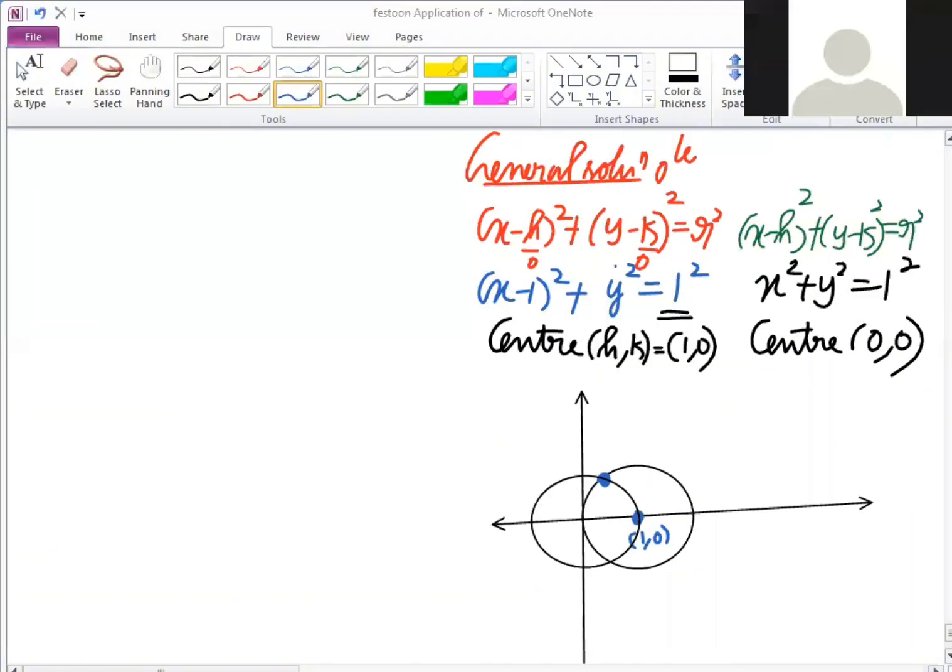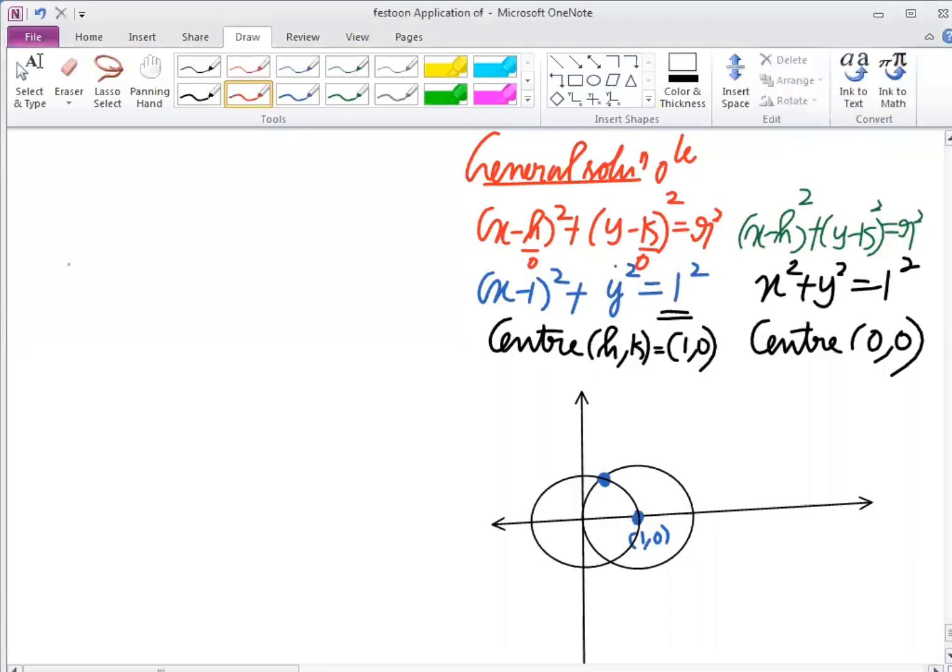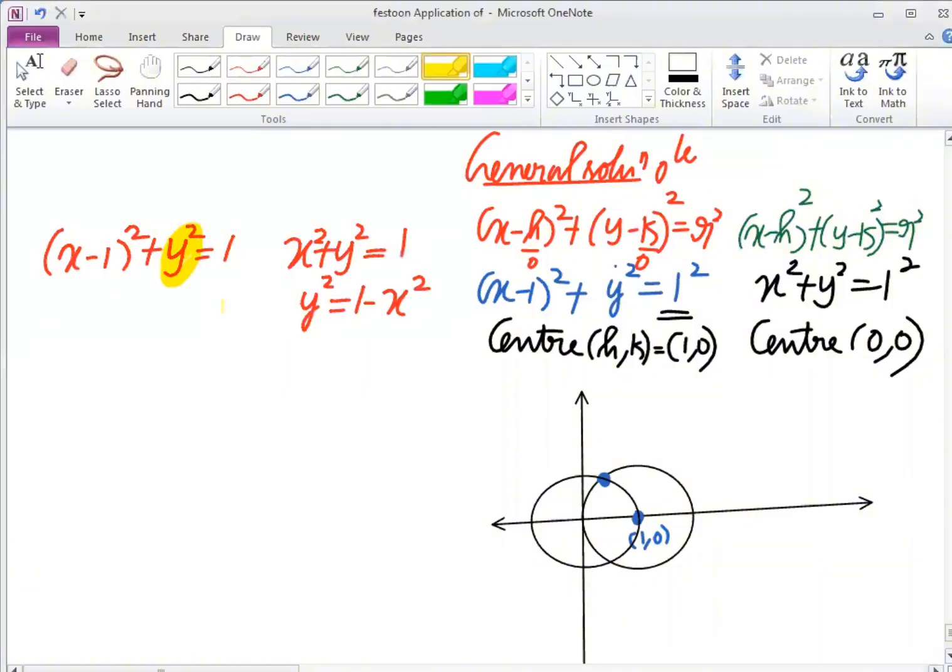To find the intersecting points of these two circles, I have to go by this method. We know that (x minus 1) whole square plus y square is equal to 1 is given. One more equation, x square plus y square is equal to 1, is given. y square can be written as 1 minus x square. Wherever I find the value of y square, I'll replace it with 1 minus x square.